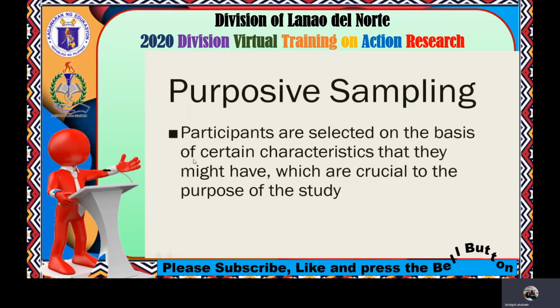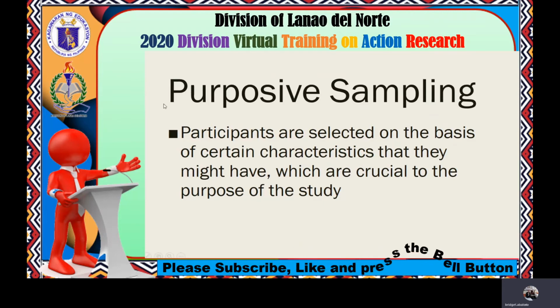So we are now on non-probability sampling, where not all members of the accessible population have the chance to be selected as participants. In purposive sampling, the participants are selected on the basis of certain characteristics that they might have, which are crucial to the purpose of the study.